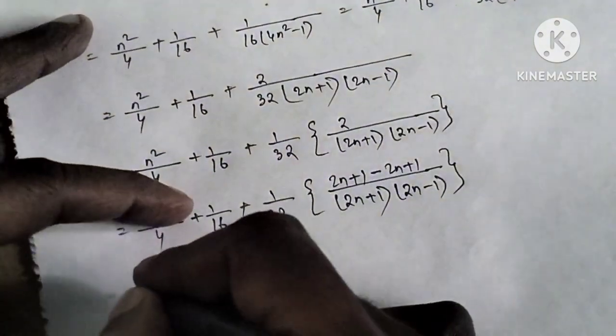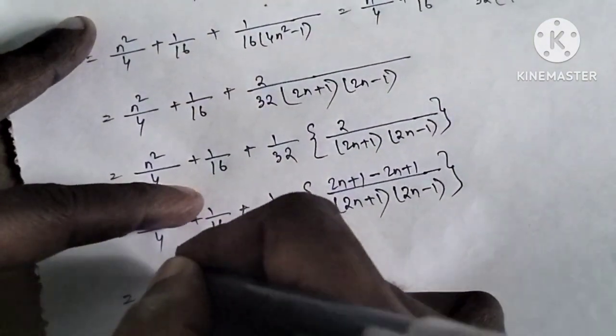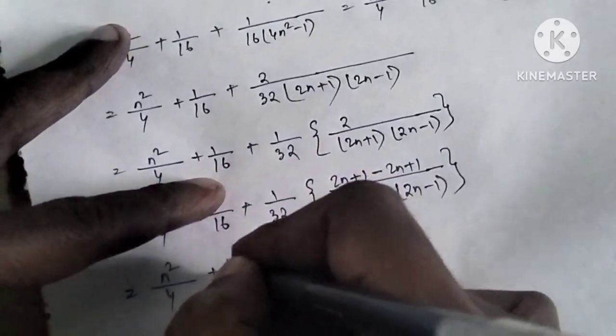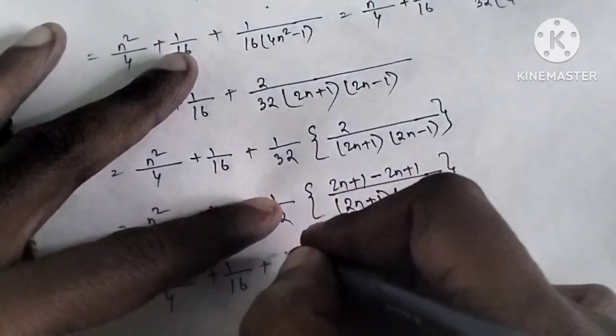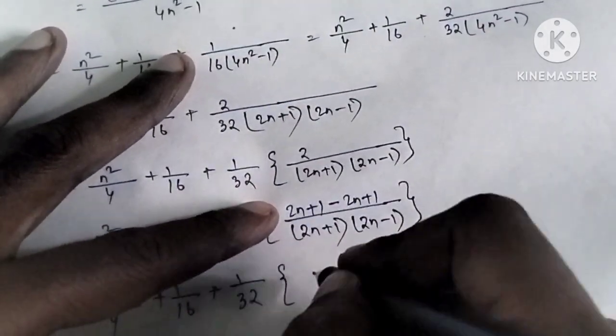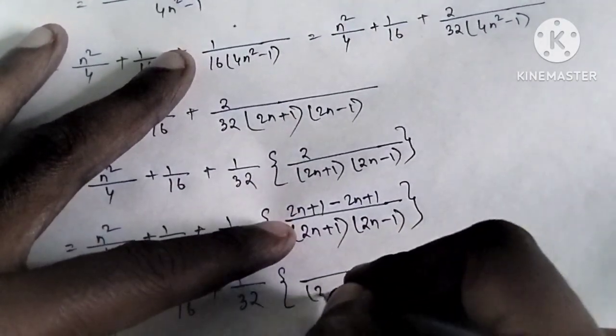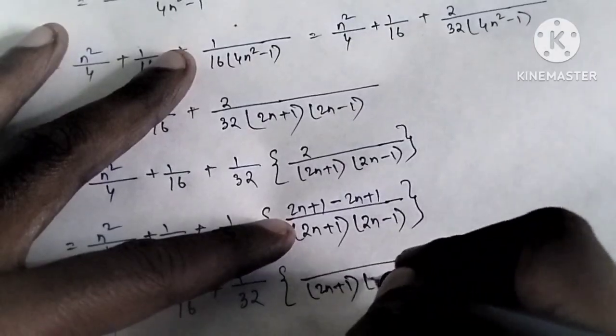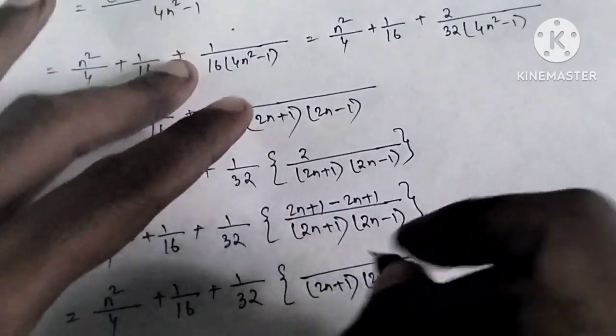Okay, so this can be written as n square by 4 plus 1 by 16 plus 1 by 32 into 1 by 2n plus 1, 2n minus 1.